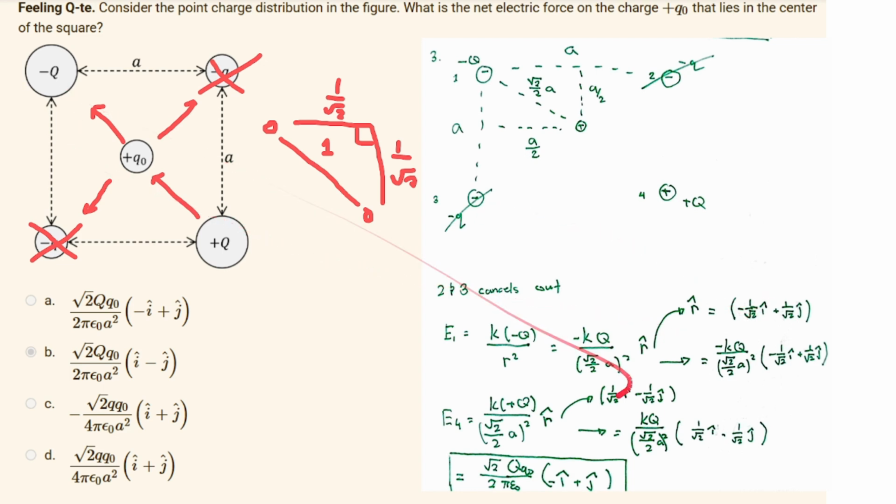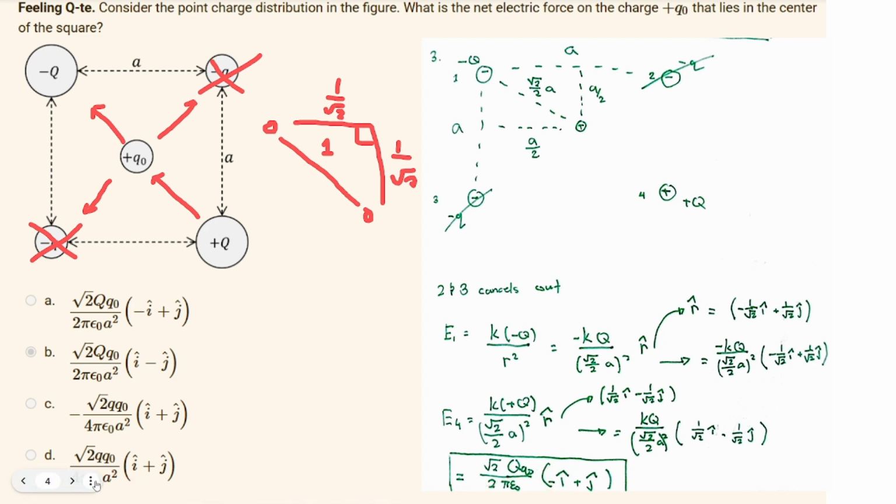We know, since the electric field of -Q is a negative i hat, positive j hat, and here is a positive i hat, negative j hat, since it's to the right and down, positive, negative. If we combine these two together, we'll get square root of 2 over 2, Q naught over pi epsilon naught, negative i hat, positive j hat.